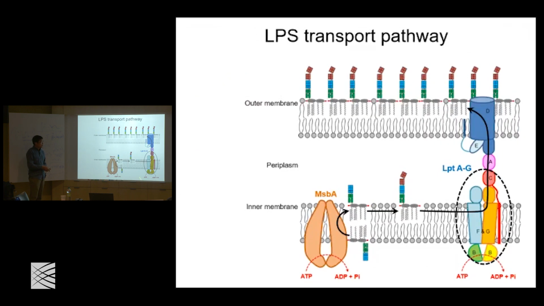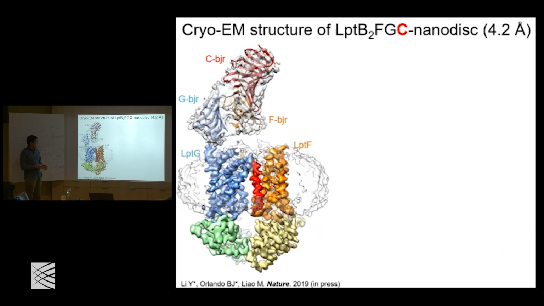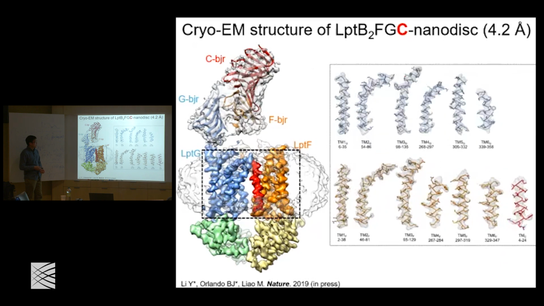The next step, we would like to look at the structure of LptBFGC. Taking a similar strategy, we solved a structure at an overall resolution of 4.2 angstrom. Particularly, we have good resolution of the transmembrane helix, so we were able to build the whole model. We also identify an extra helix, which is colored in red here.